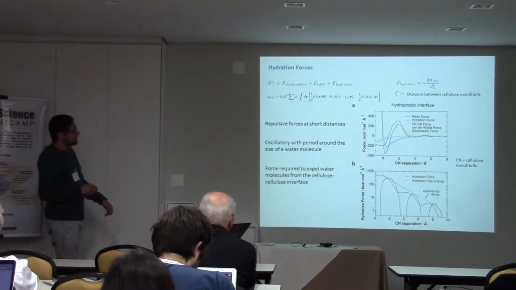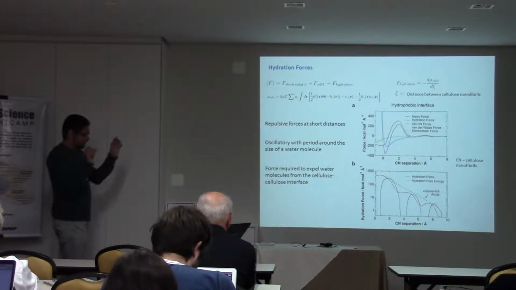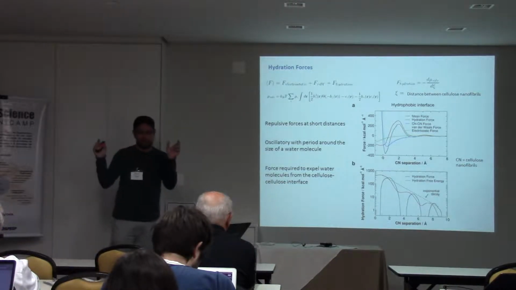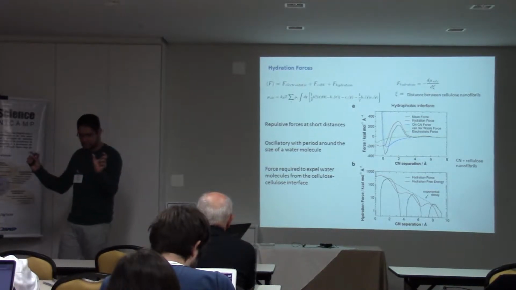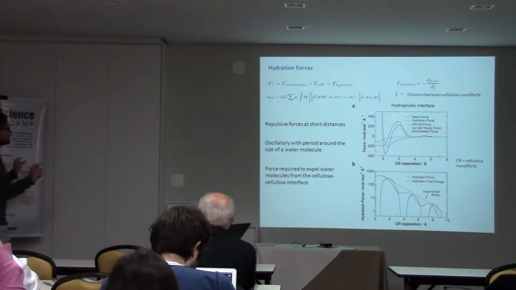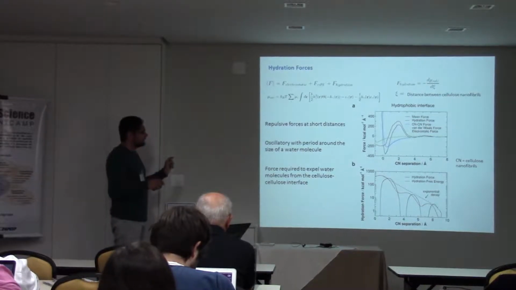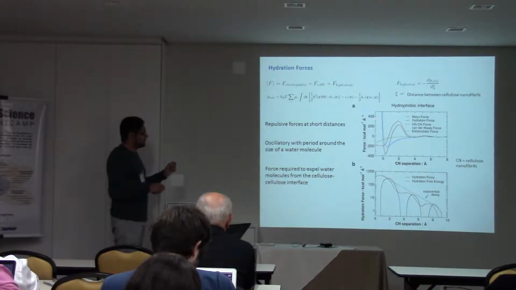And here you have different components of the interactions, and the mean force, which is, for example, we fix a given distance of the cellulose, and we measure the effective force between these two cellulose fibers, and which is the black curve. So we have the minimum, the maximum, and we have a kind of repulsive force.